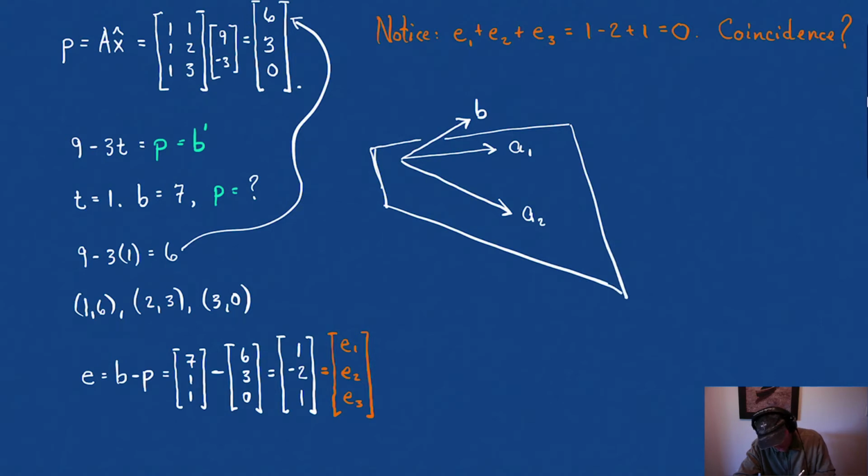Well, when we project B onto the column space of A, maybe it's right there, then this is the value of P. That's P, A X hat.